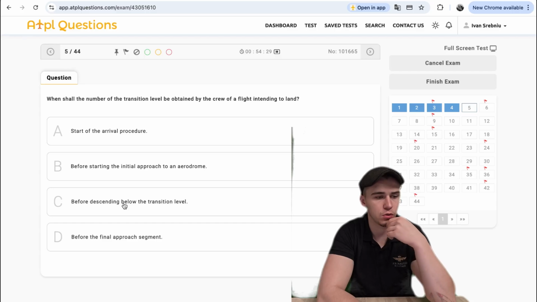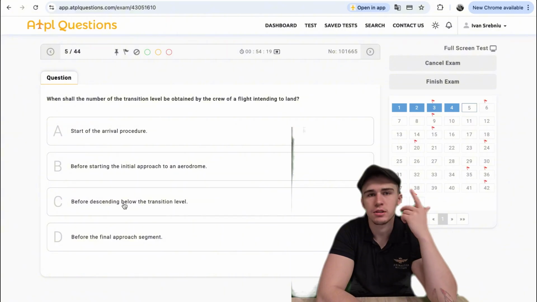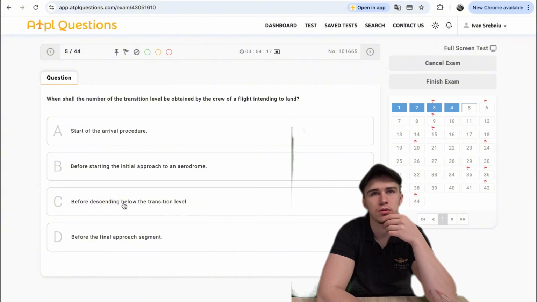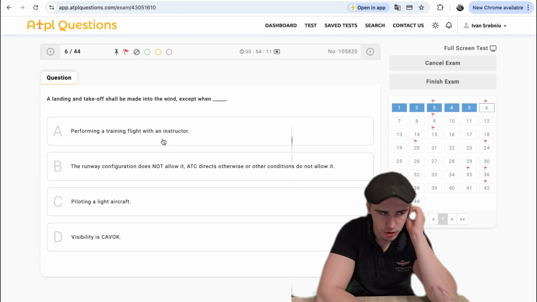The crew wanted to land. So before descending below the transition level, but we can do it while descending. I just try to remember how I flew. Okay, start of arrival procedure.